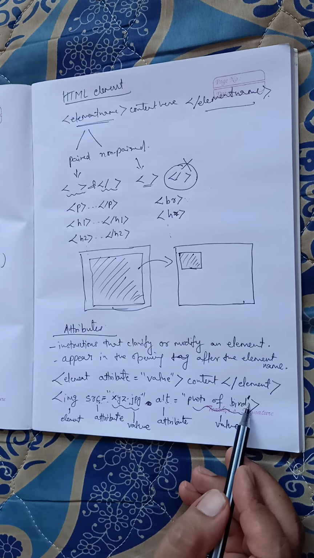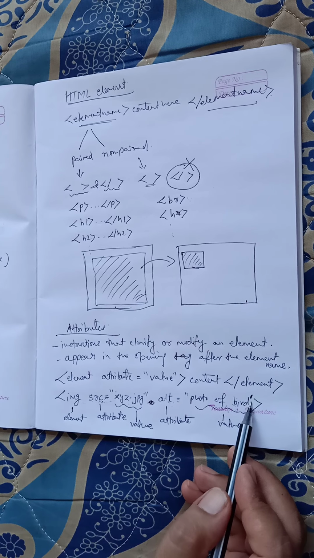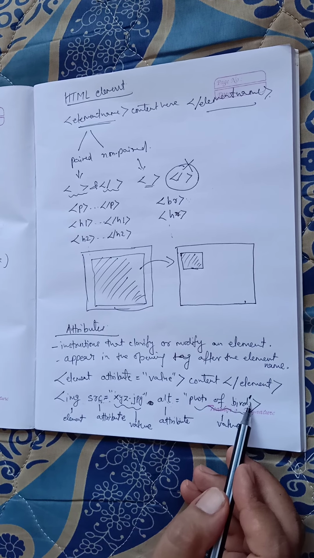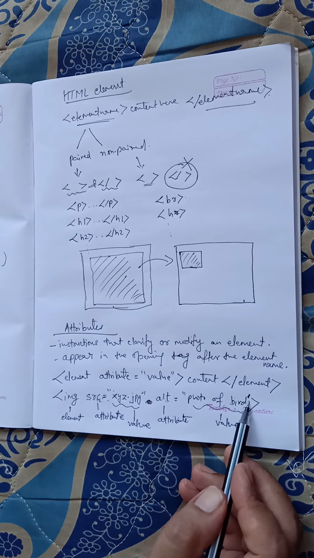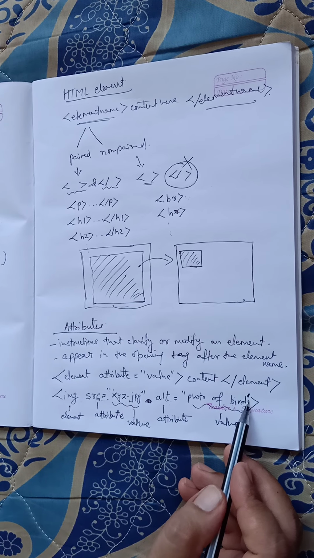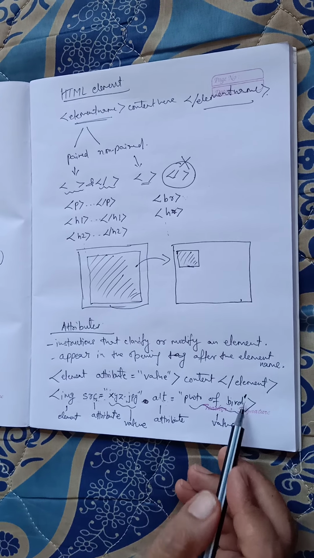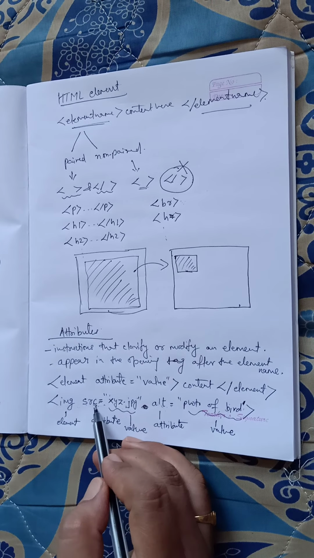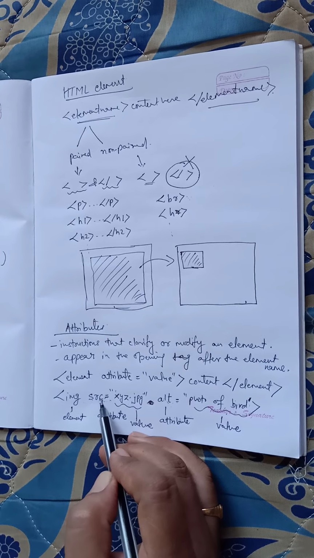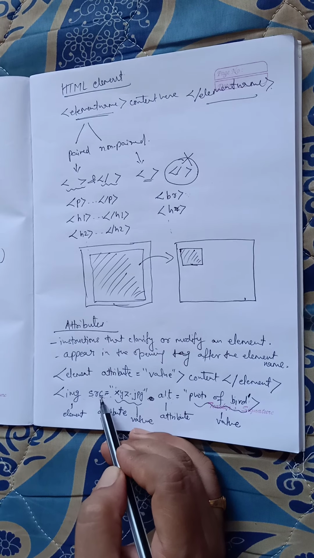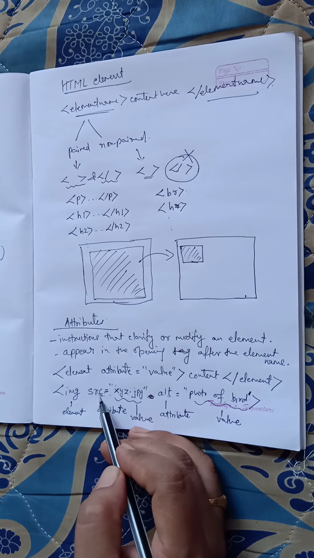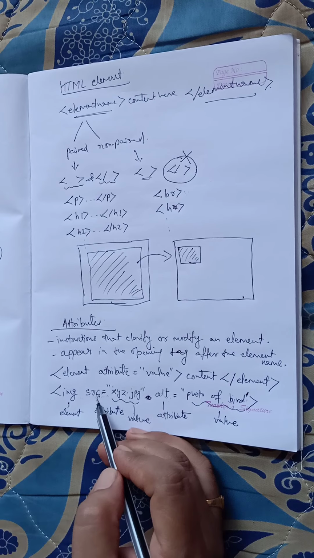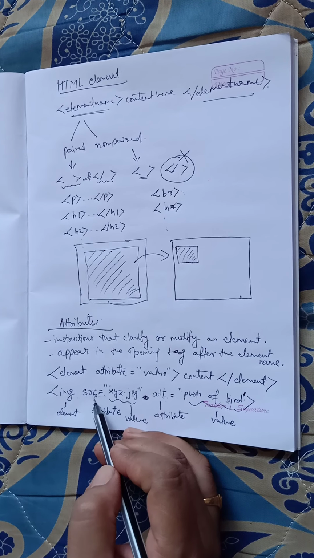Attribute names and values are defined in the HTML specification. In many cases some attributes are required. For example, for the image element, the source attribute is required, since an image has to be displayed.